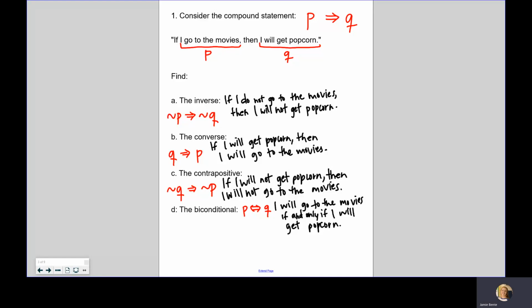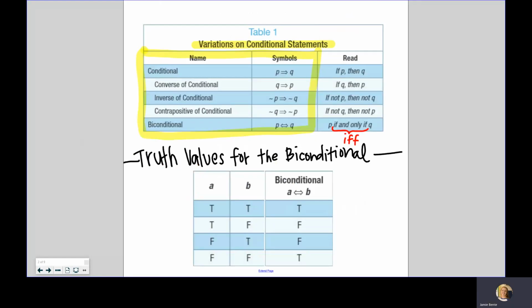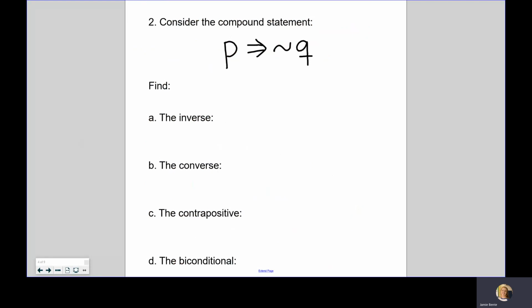Now let's do this same process, but when we start out with a symbolic statement. All right, so we're going to apply the ideas behind what we had in this table here. So take a second, write this down.